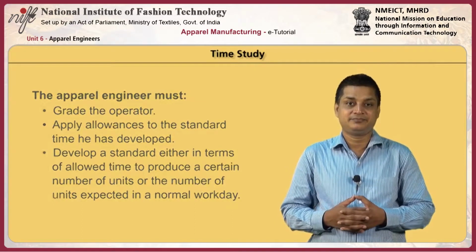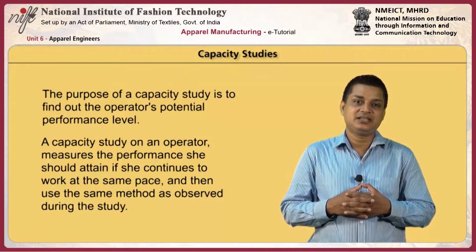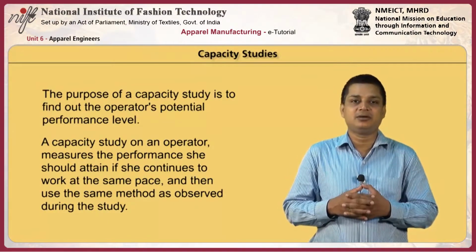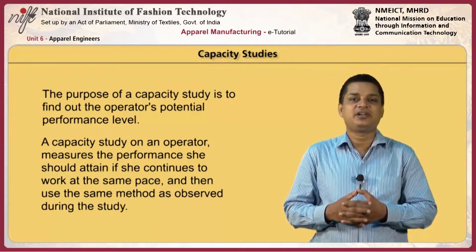Once this is done, a standard can be developed to produce the number of units expected in a normal working day. A capacity study is similar to a time study in that the operator is timed, but the purpose is not to develop a time standard, but rather to find out the operator's potential performance level.